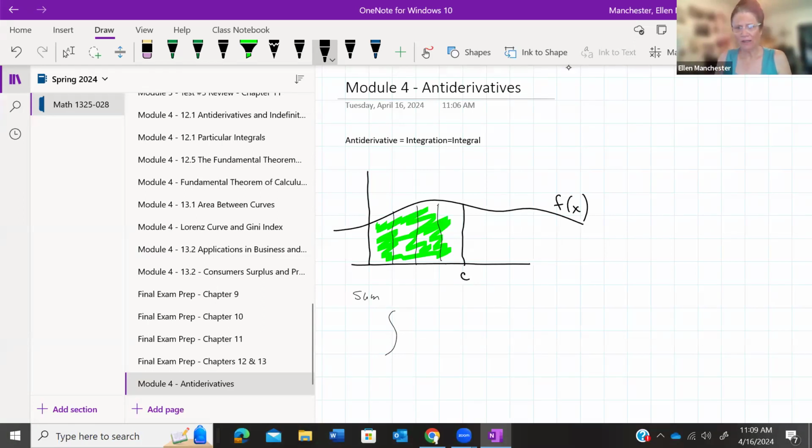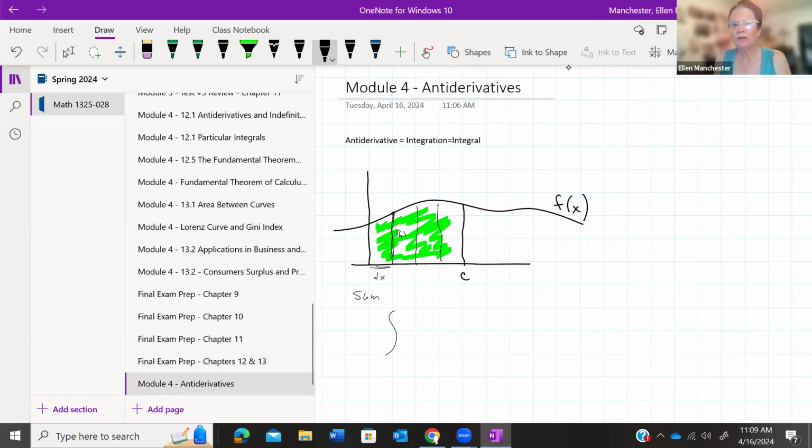So to find the area under the curve, if I broke this up into sections, the height would be my f of x, right? Because it's coming up to this point on my function. The width would be the change in x.